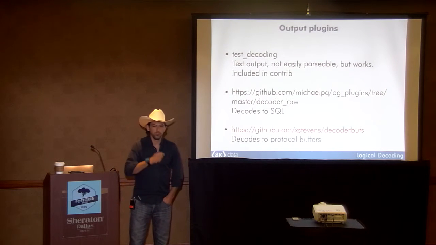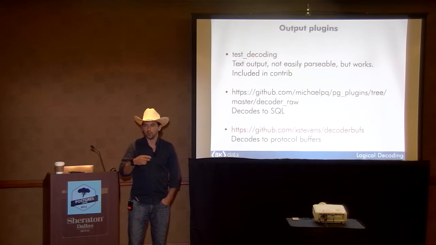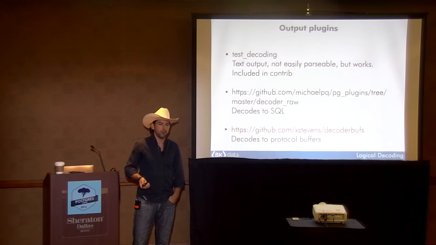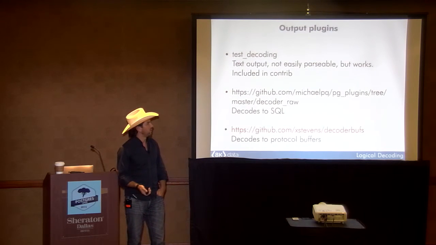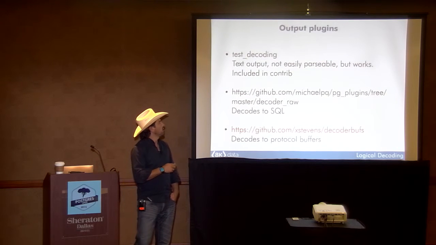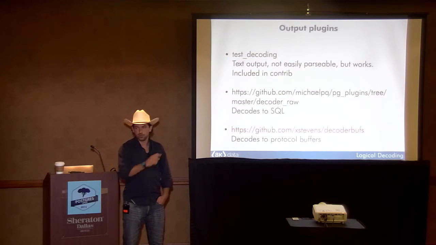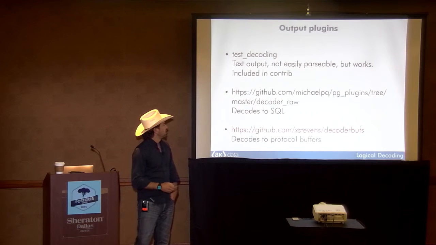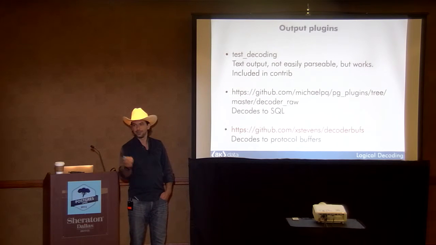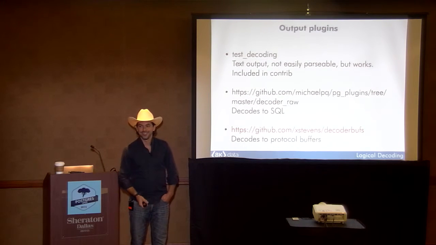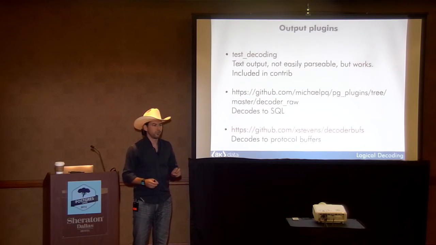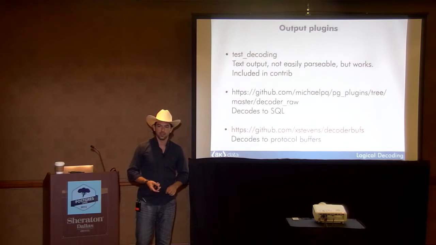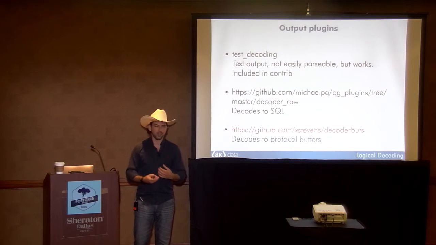As I was saying before, you can create your own output plugin. It's very simple C code, but there are some output plugins that are already available. We have test_decoding, which is included in contrib in Postgres, the one we've been using so far. There's also decoder_raw by Michael, which basically decodes to SQL, so it returns the equivalent SQL commands to the ones that generated the changes.